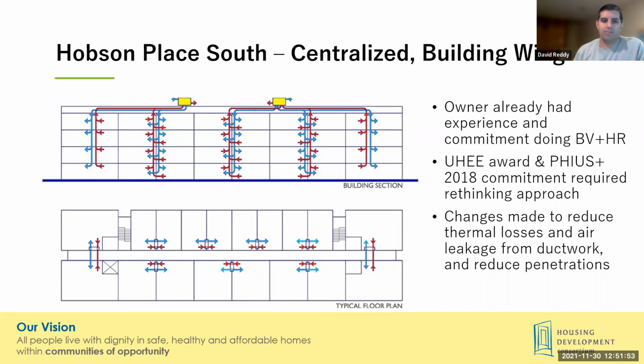And that is a principle that we're recommending in the exemplary building program, because it is more efficient in terms of air leakage and thermal losses, and the ductwork will not be subject to the sun and elements to make it deteriorate with time.